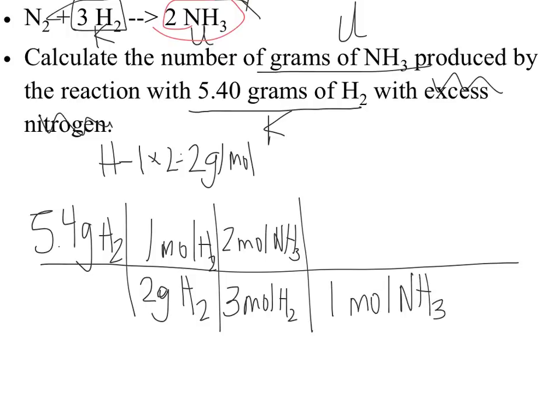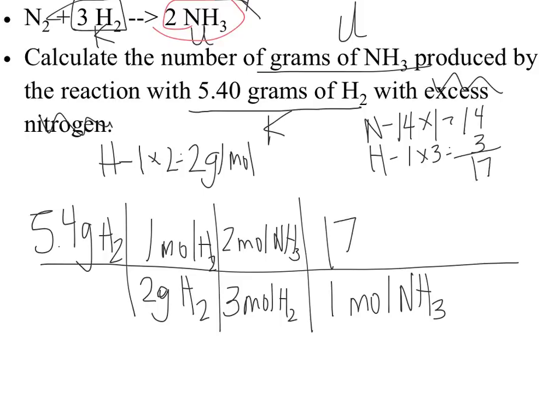using our molar mass. So on the periodic table, N is 14, 14 times 1, H is 1, and we have 3 of those. So 14 plus 3, we've got 17 grams per mole, NH3.